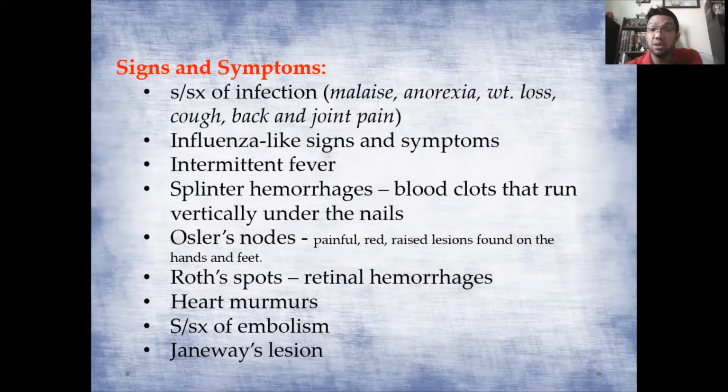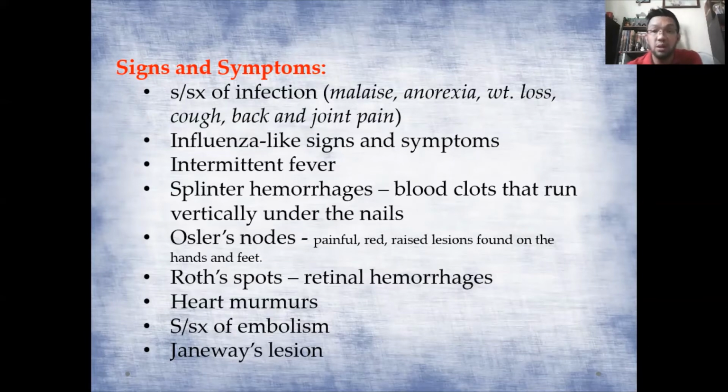Splinter hemorrhages, which are blood clots that run vertically under the nails, can be present as well. Osler's nodes can be present, which are painful red raised lesions found on the hands and feet. And Roth spots, or retinal hemorrhages, can occur in the eyes of the patient.